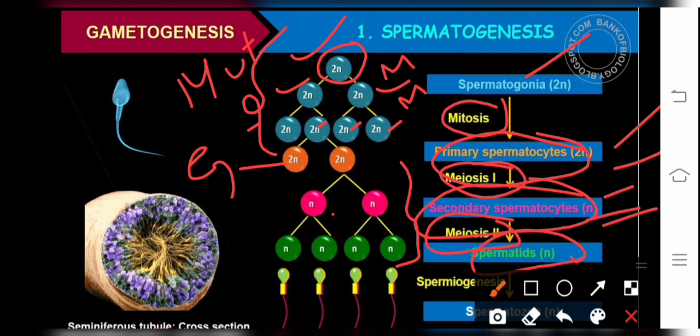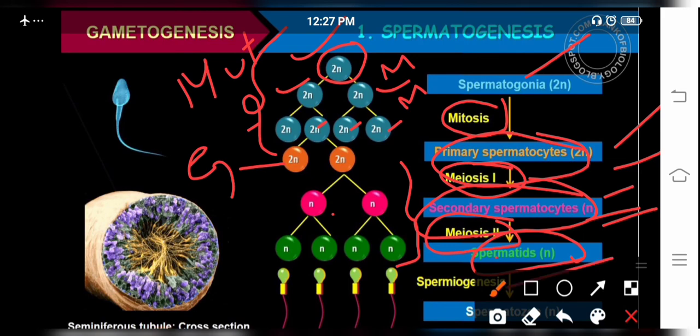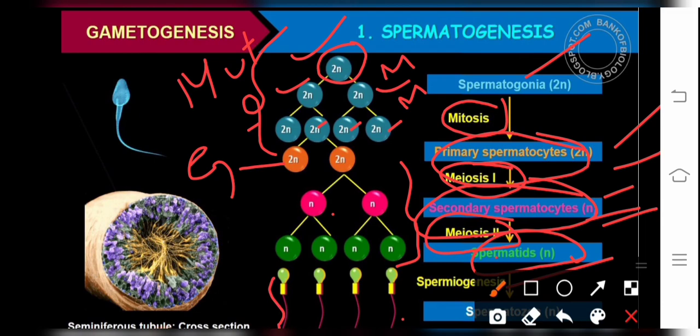After that, these spermatids, the end product of the maturation phase, right? What is the end product of the maturation phase? Spermatids. These will differentiate into motile sperm. Can you see this sperm in the picture? So the spermatid becomes a motile sperm by a process called spermiogenesis.